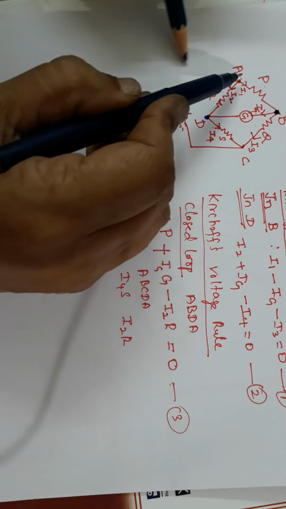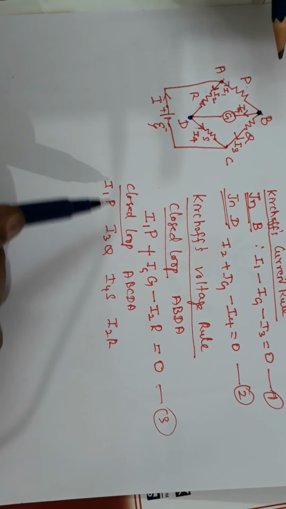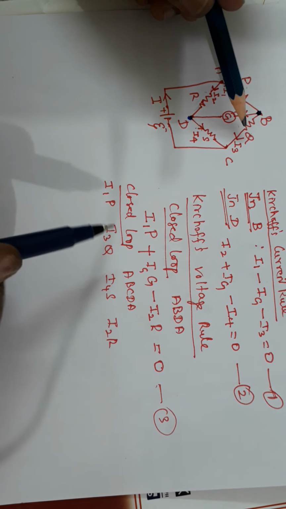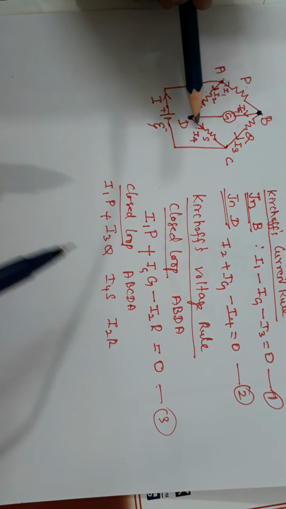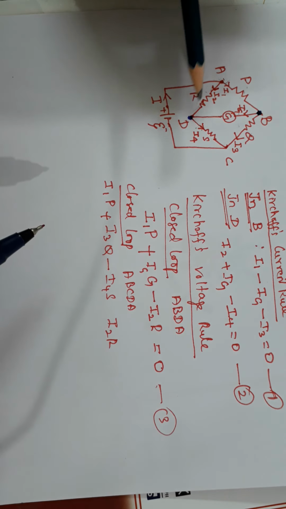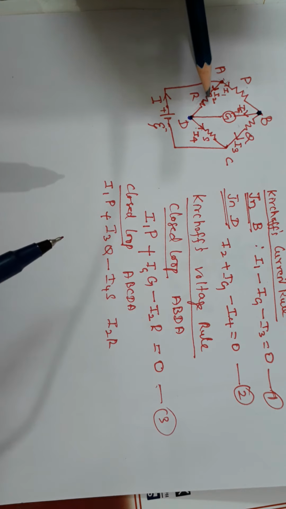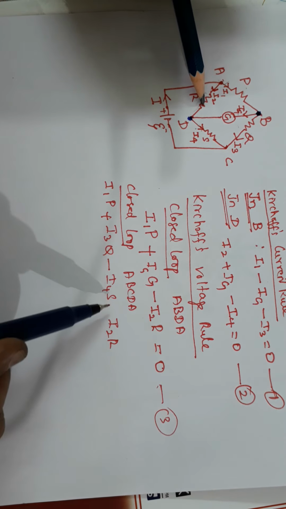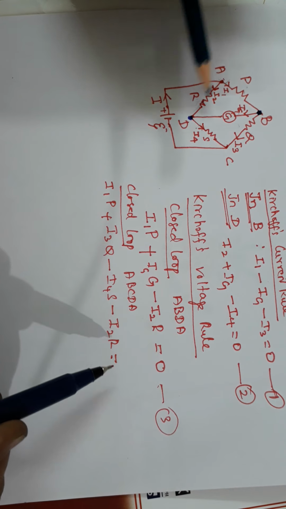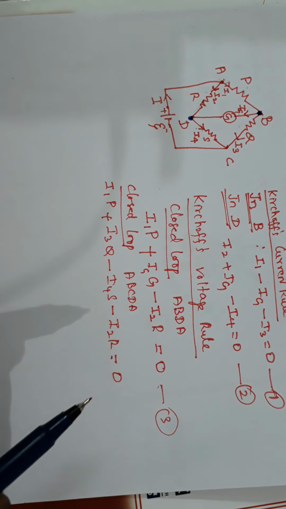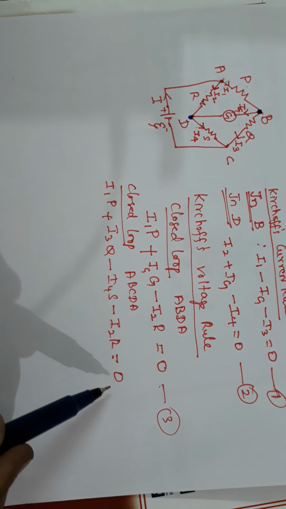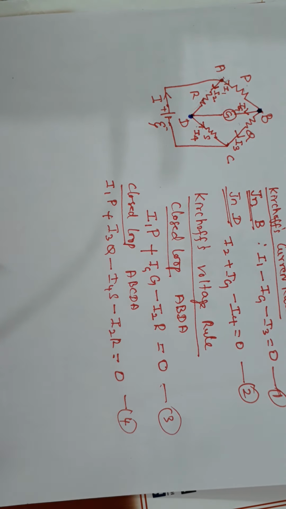So I1P plus I3Q. If you come to this line, I4S is minus, and if you walk along this direction, the arrow mark is against you, so put a minus sign here also. In this loop also there is no cell, so you can put 0. EMF is 0. Let it be equation 4.